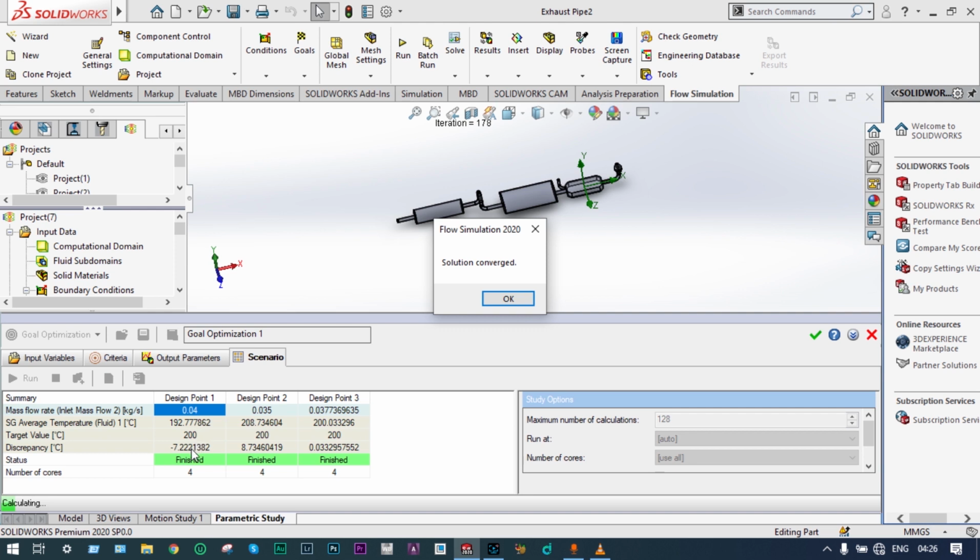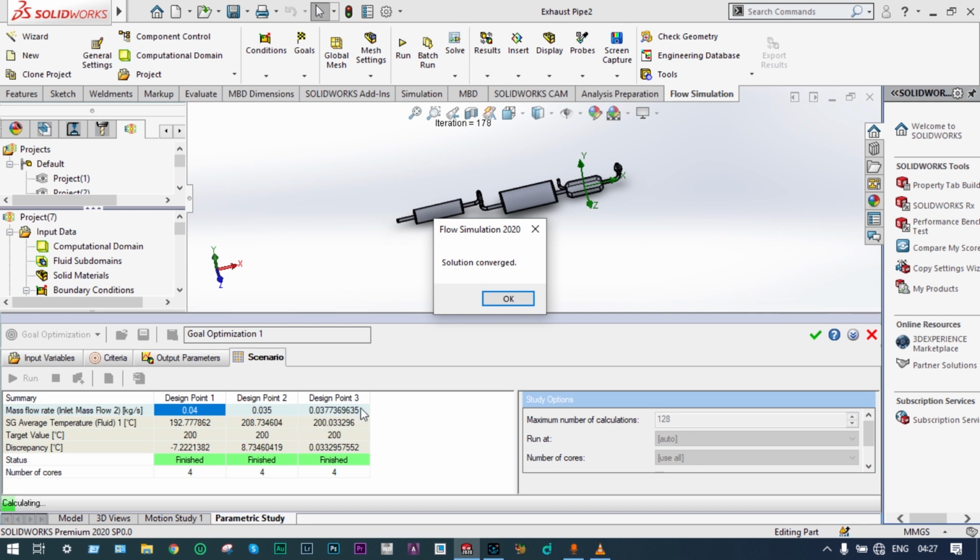We got a variation of minus 7.2 degrees centigrade. In the second iteration, when the mass flow rate is 0.035 kg per second, the temperature at the exit end is 208.73 degrees centigrade. In this case also we got a variation of plus 8.73 degrees centigrade.